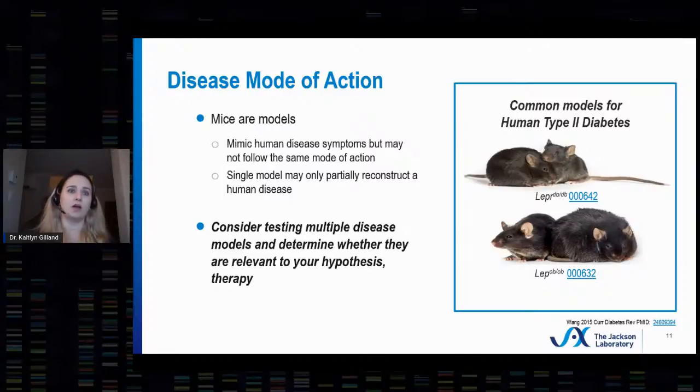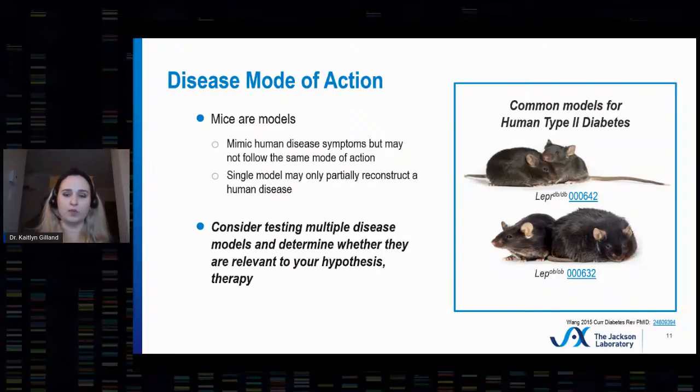And so a single model might only be able to partially reconstruct a human disease. And so one example of this is for human type 2 diabetes. And so we have the DB-DB, the 642, and the OB-OB, the 632 mouse models.